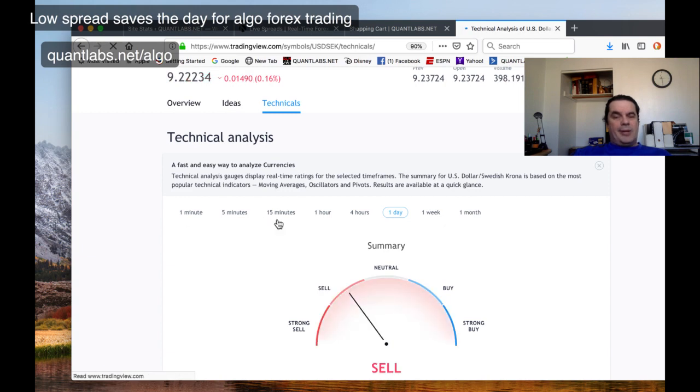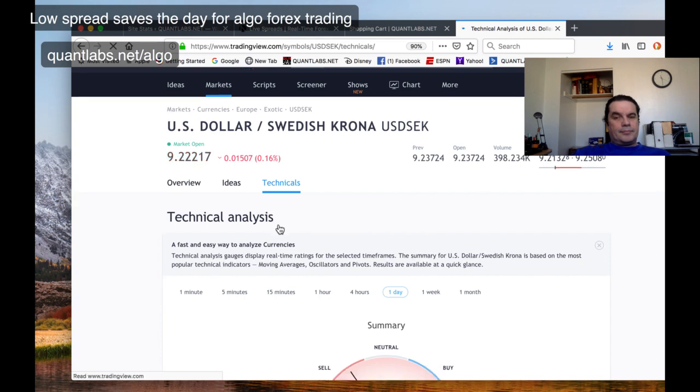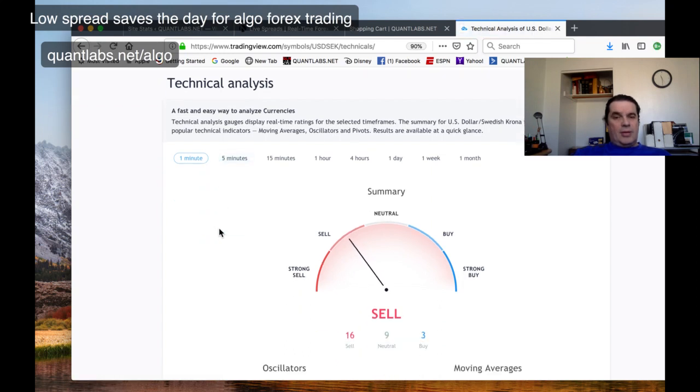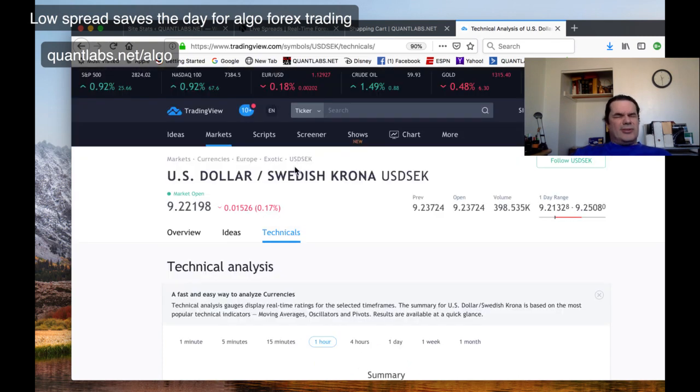Sell on the daily, minute. Sell. It looks like it's still a sell on the minute. Strong sell, 15-minute. So yeah, I think that opportunity came and went. All right, so I'm just trying to think if there's any other things I can point out from what I remember. Probably not.